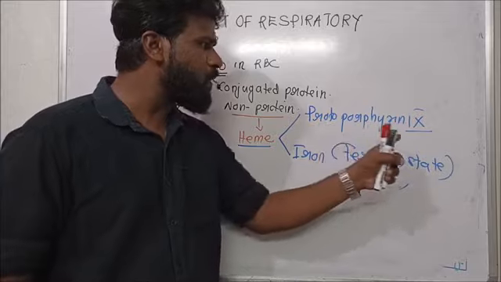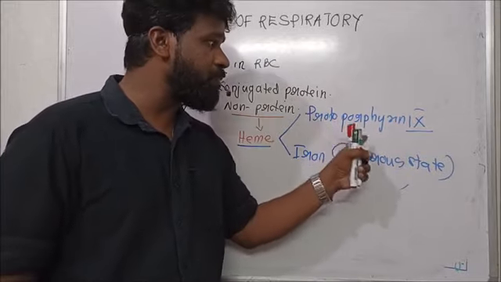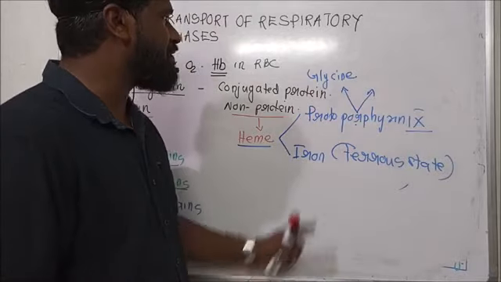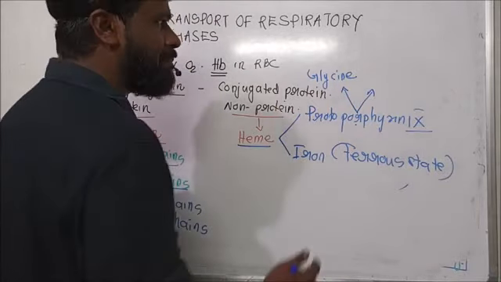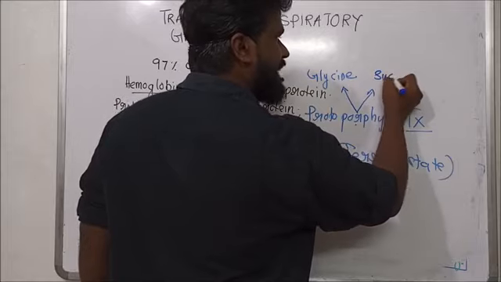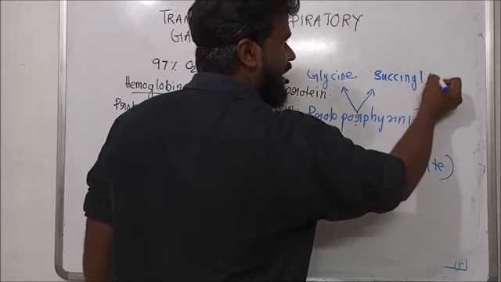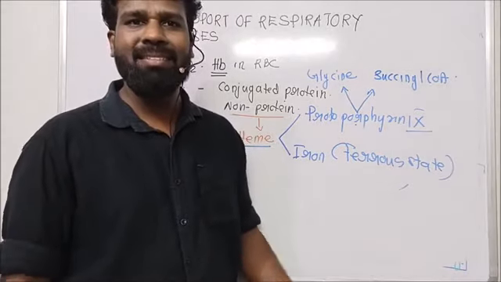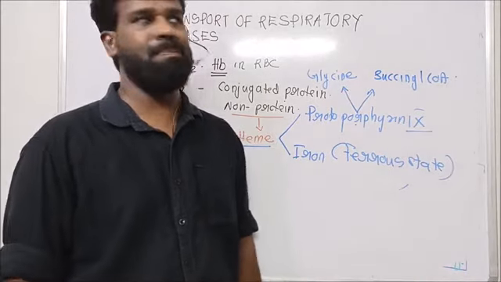And here, this protoporphyrin is formed of the amino acid glycine combined with succinyl coenzyme A. Succinyl coenzyme A is a product formed in the Krebs cycle.